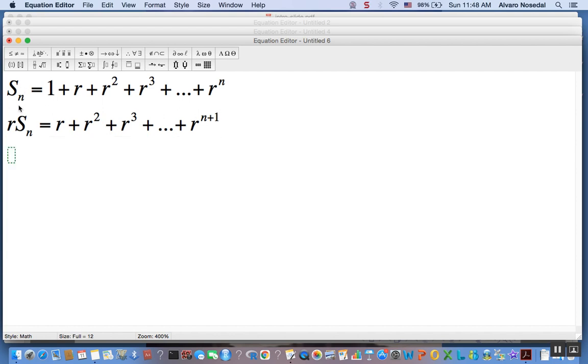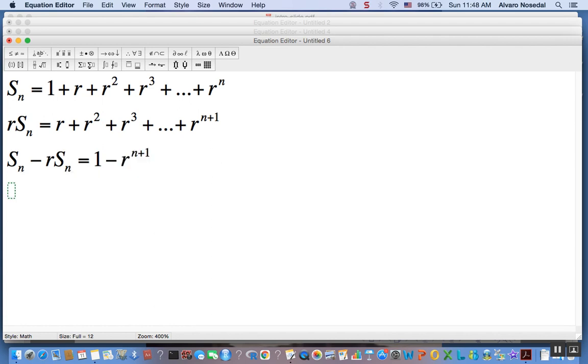So now we take these two and we find the difference between them. So Sn minus r Sn equals 1 minus r to the power n plus 1.